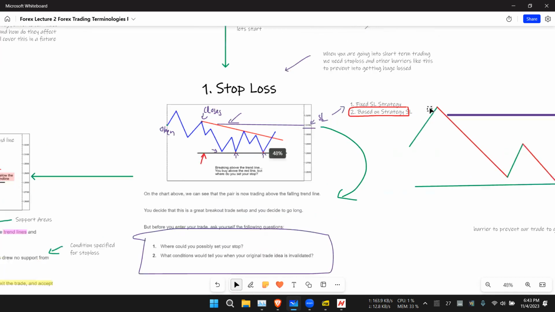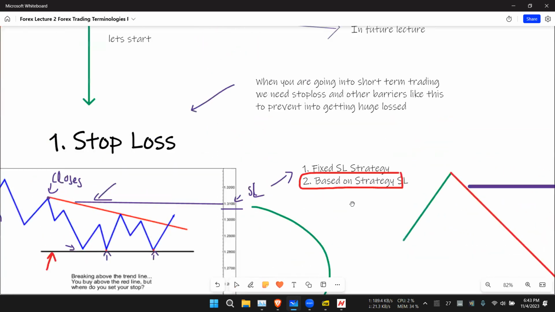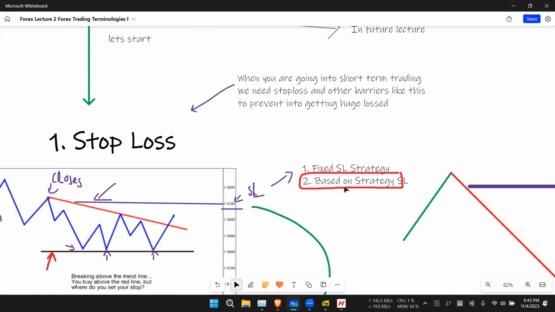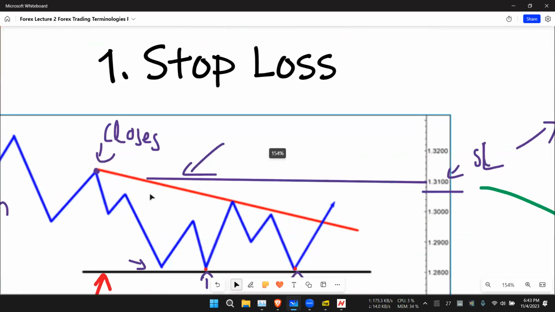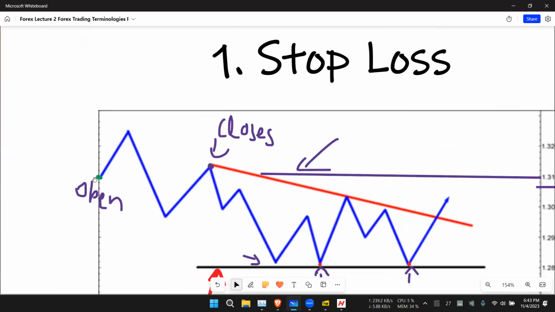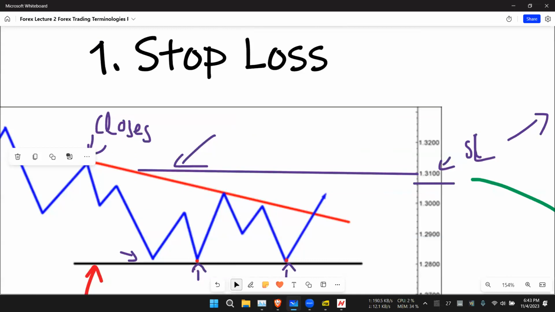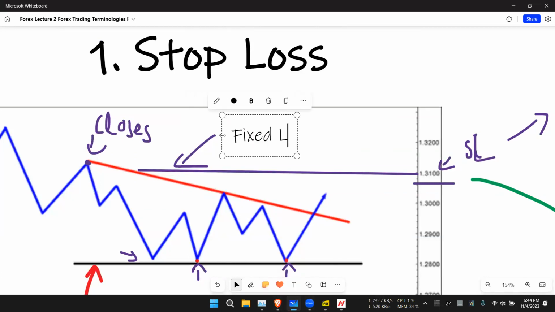Let me ask you something real quick. The fixed stop loss is on top and the base is on the bottom, right? Yeah, definitely. For one condition, I have set this open here and I wanted to close on this here, and I'm annotating this as well. We are using fixed stop loss here.